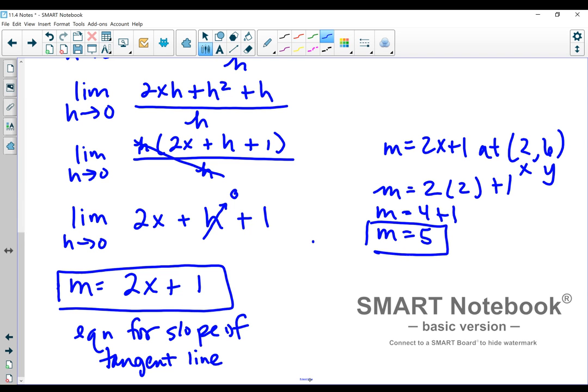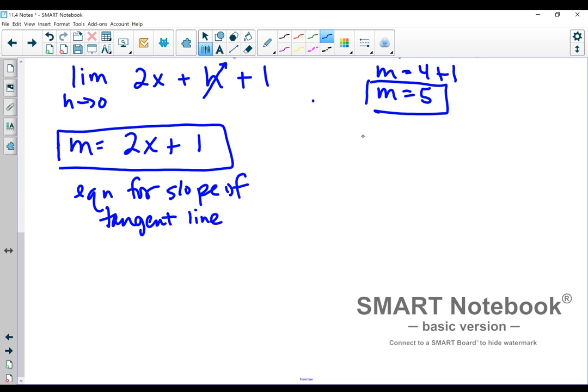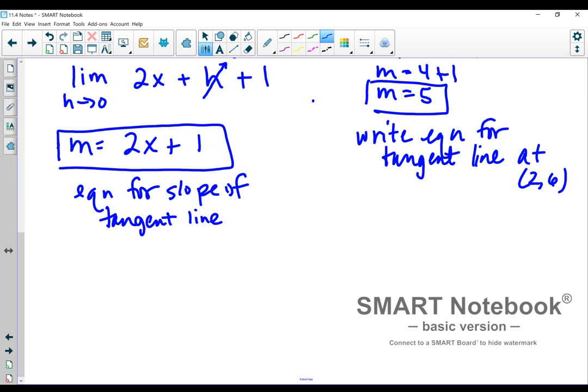We're going to do one last step for this problem, even though the directions don't say. Let's write an equation for the tangent line at (2, 6). And it's a tangent line to that function. And so now we have a slope of 5, and we have an x1 and a y1.